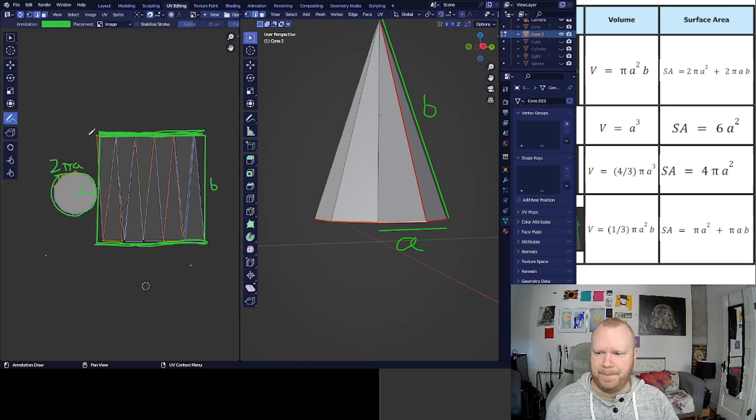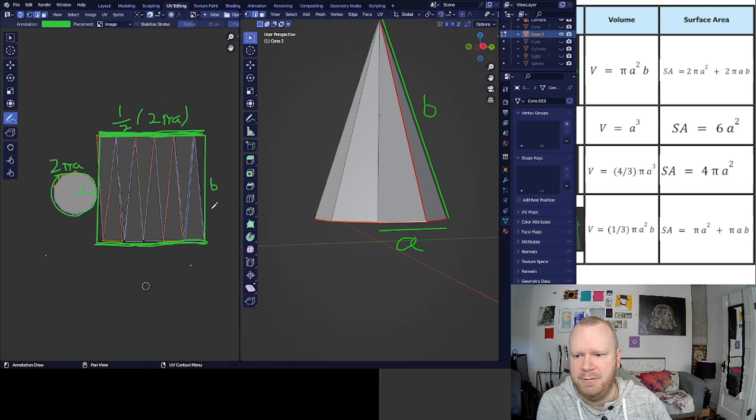So we can call this measurement 1/2 of 2 pi a. Or if we want to simplify that, we can get rid of the 2's and say this measurement is just pi a.